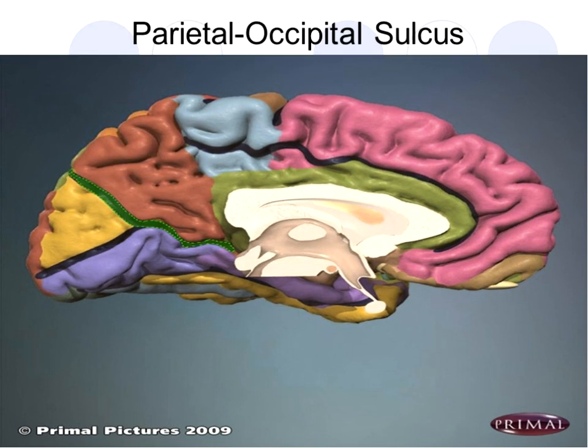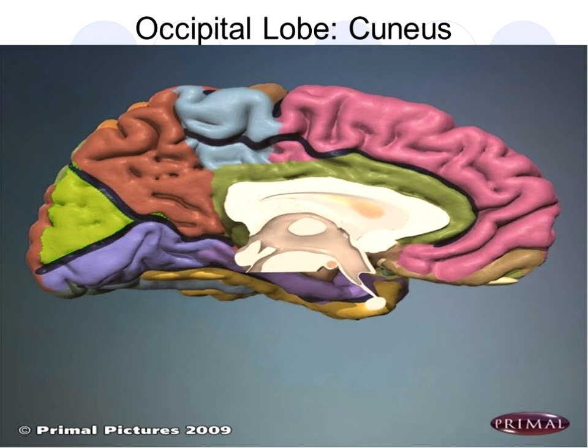Here is the parietal occipital sulcus, P-O-S, and then the cuneus here, C for cuneus.